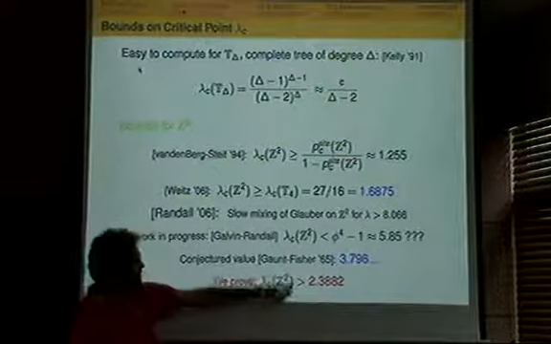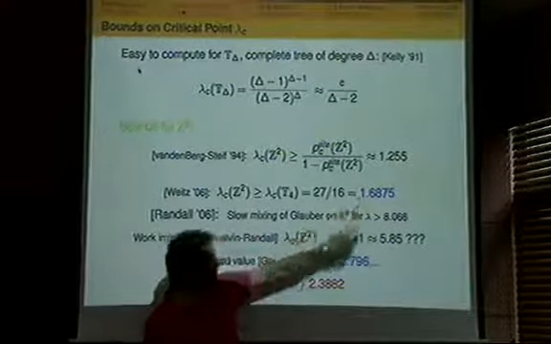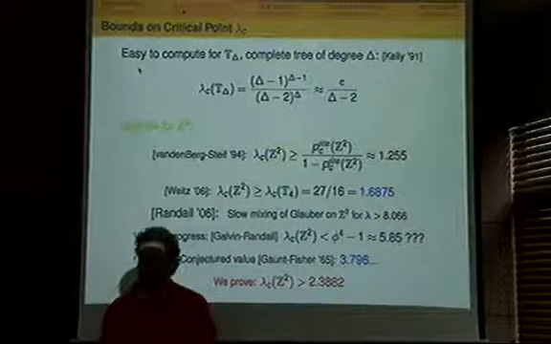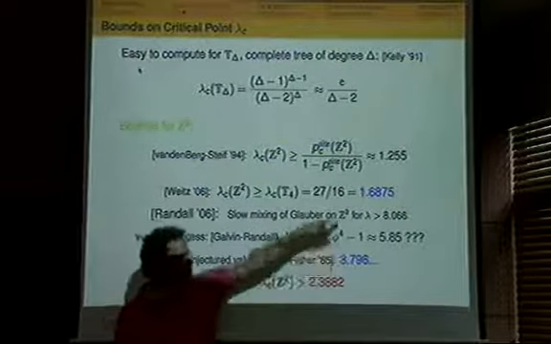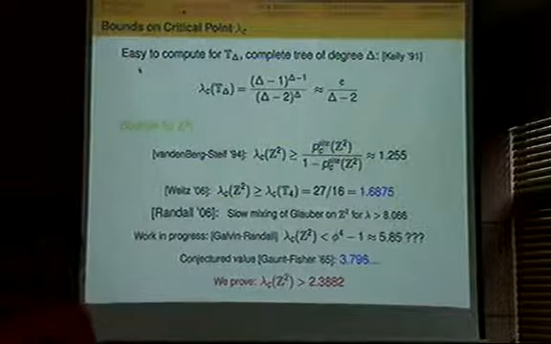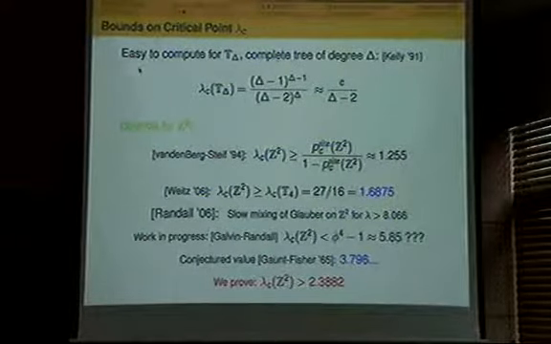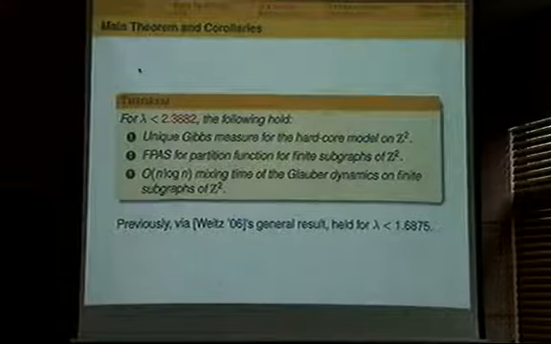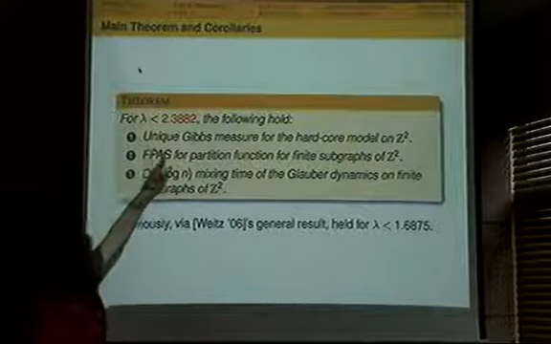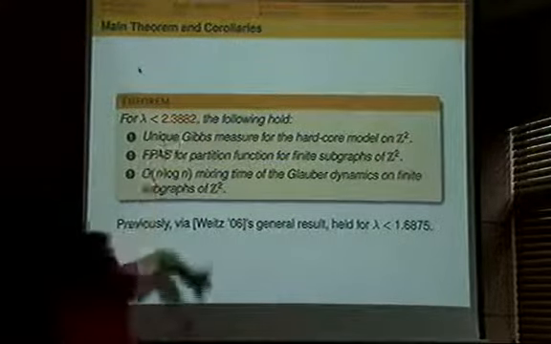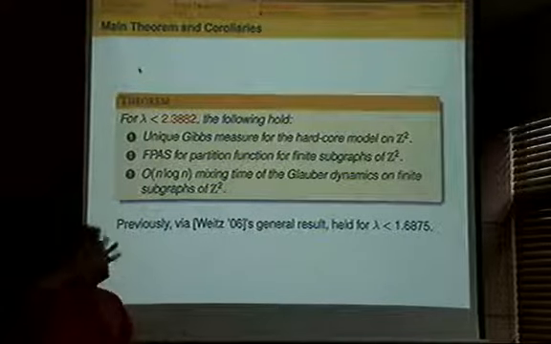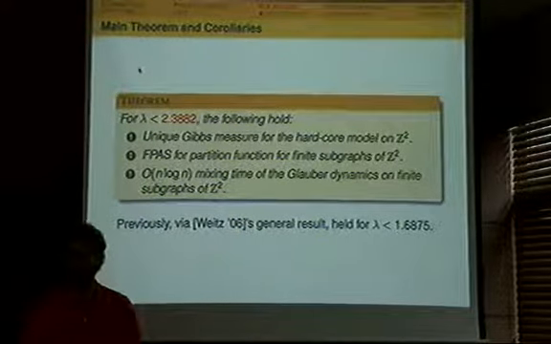So we just improved the lower bound to this 2.3. We're still a long ways from here, but it's a reasonable step. Okay, so that's what I want to tell you about today. What we end up showing is that when lambda is less than this point, the influence dies off in the limit.